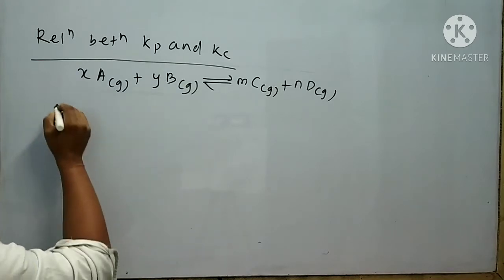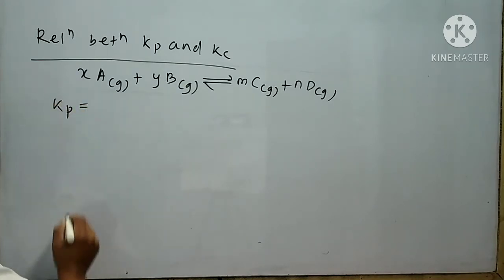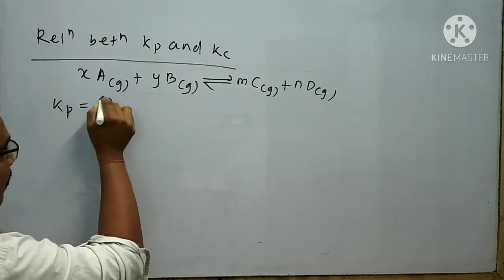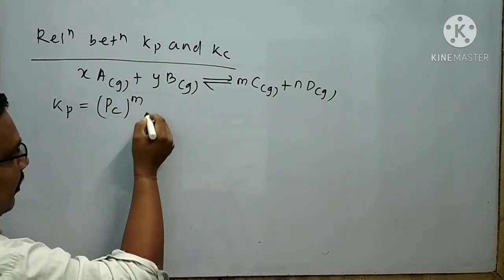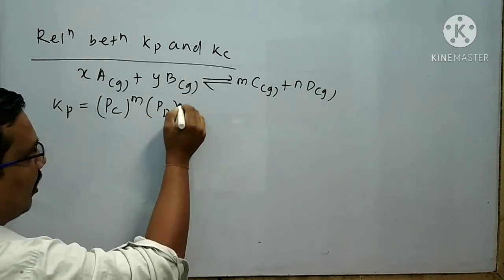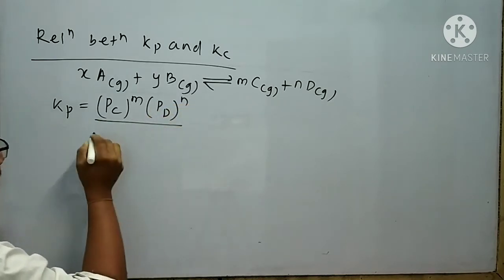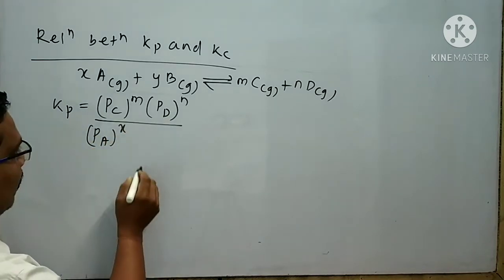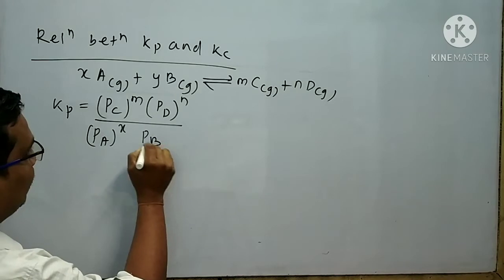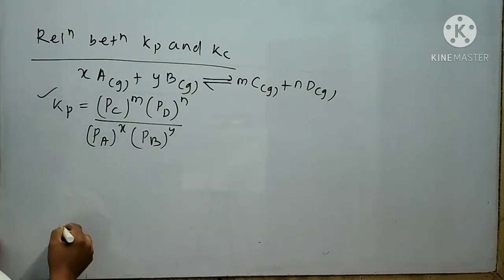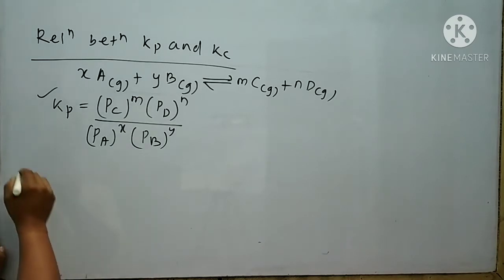For this reaction I can write Kp equal to partial pressure of C power M into partial pressure of D power N divided by partial pressure of A power X into partial pressure of B power Y. This is the expression for Kp for this reaction.